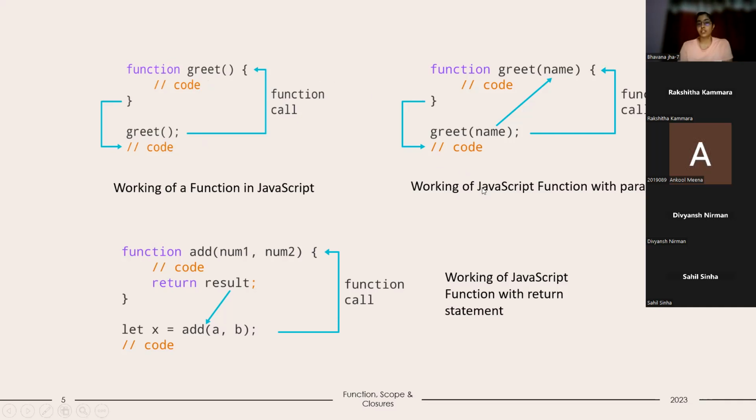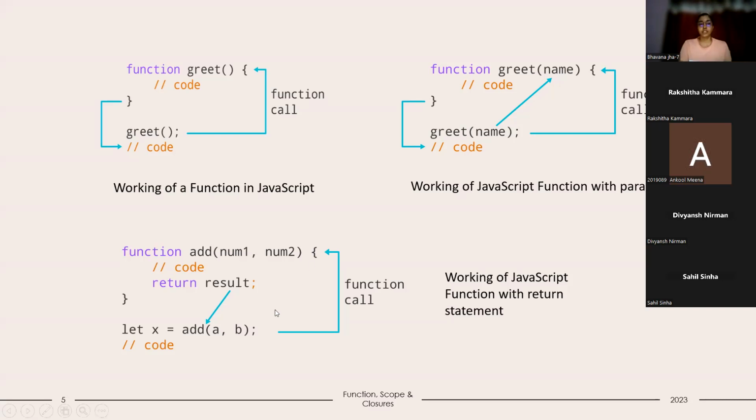In the case of working with a parameter, what is a parameter? A parameter is a value that is passed when declaring a function. When we declare the function, name acts as a parameter, and in the greet call where we call the function, name acts as an argument.